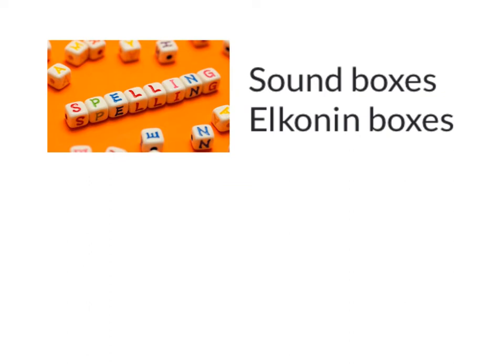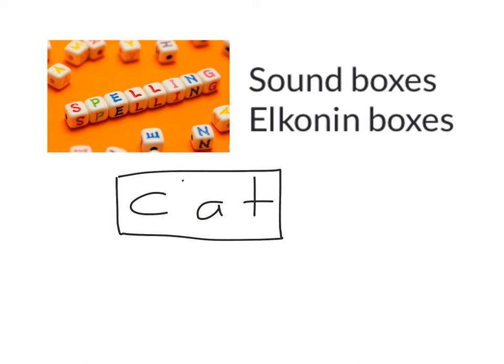Another strategy I can use to help me solve words I don't know how to spell is to think of the words in terms of sound boxes, and the proper name for this is Elkonin boxes. So, for example, if I had the word cat, which is a really easy word to spell, cat is made up of 3 sounds: k, a, t.